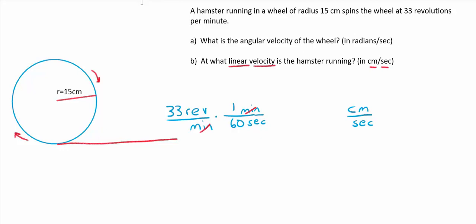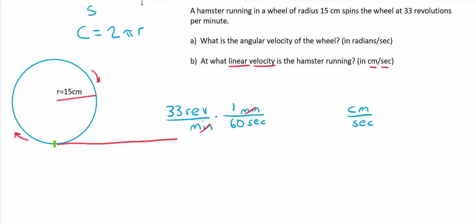Imagine if this wheel was made out of string, and somehow you were able to cut the string right here and unfold the circle and lay it on the ground. That would show you the distance that the hamster needs to run to make this wheel turn around one time. We know that the distance around a circle is governed by the formula for circumference, which is c equals 2 pi r.